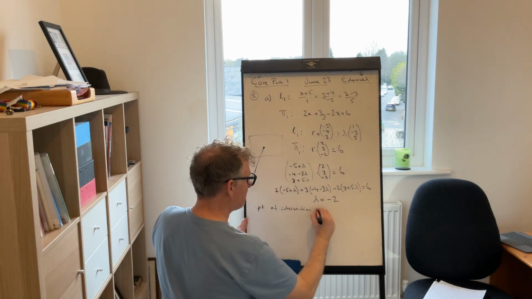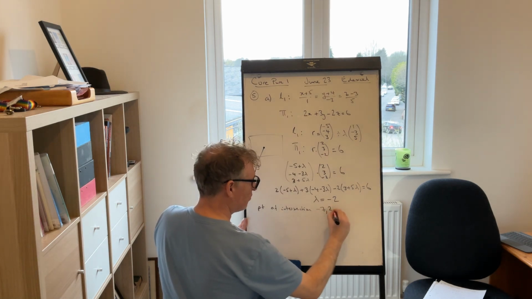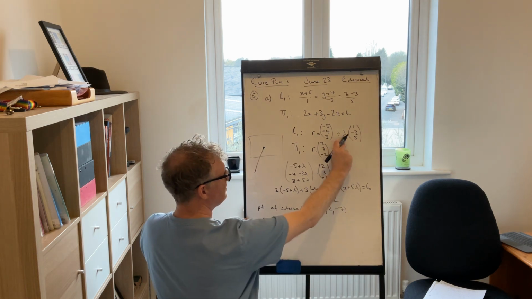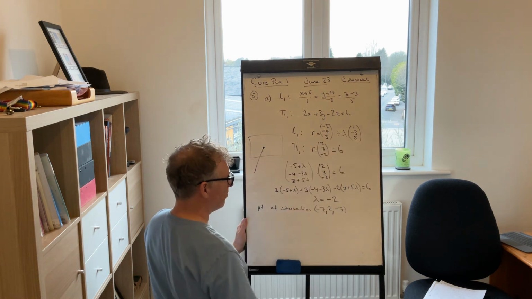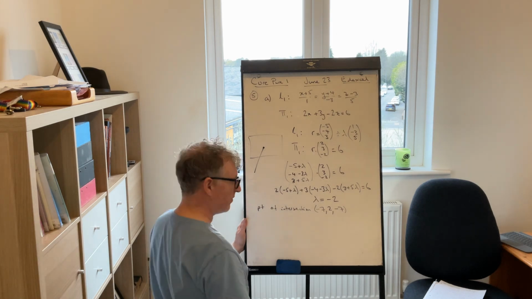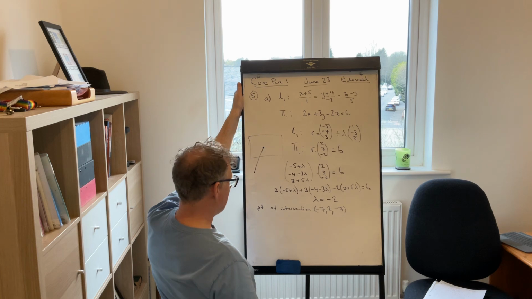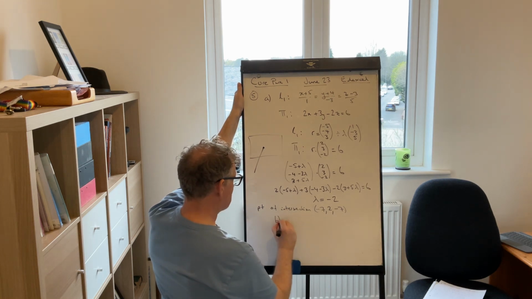That works out to be (minus 7, 2, minus 7). So just put lambda equals minus 2 in, boom, there's our point of intersection. Okay, point of intersection done.